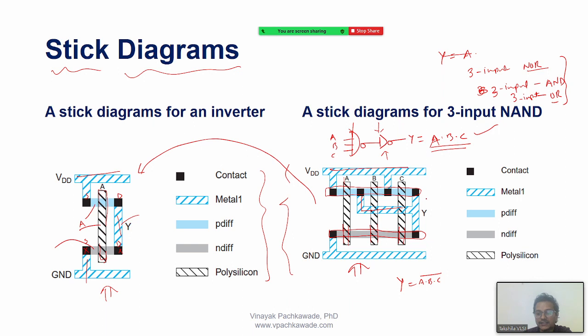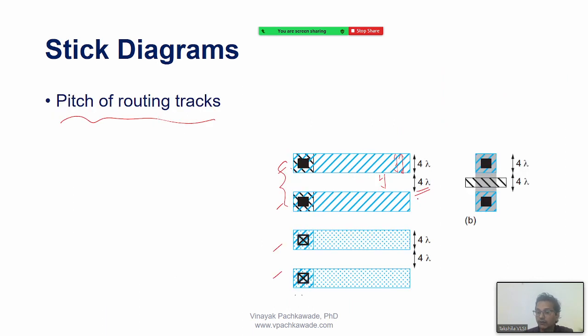As a designer's habit and choice, you should make the layout as compact as possible, because if you have only limited area, let's say 100 micron by 90 micron, you have to fit your design within this area. You cannot violate, because that will not solve the purpose of chip design. Whatever is assigned to you, you have to put your logic function inside that area.